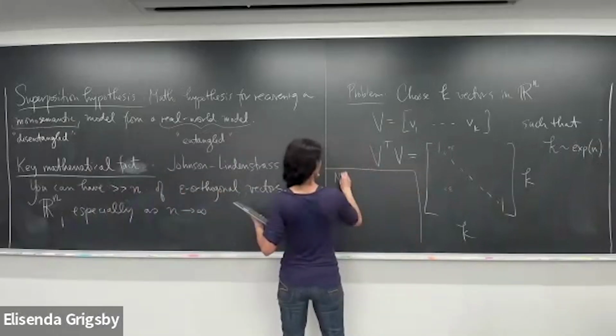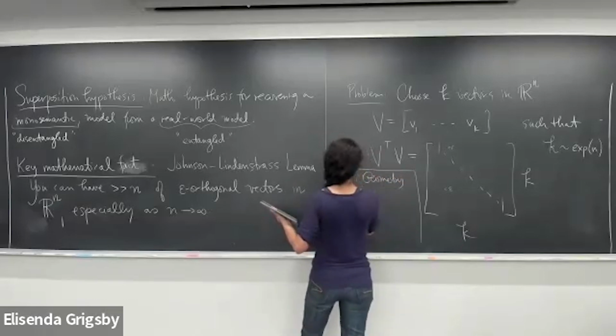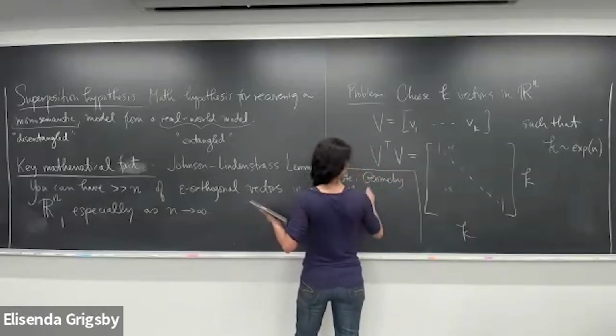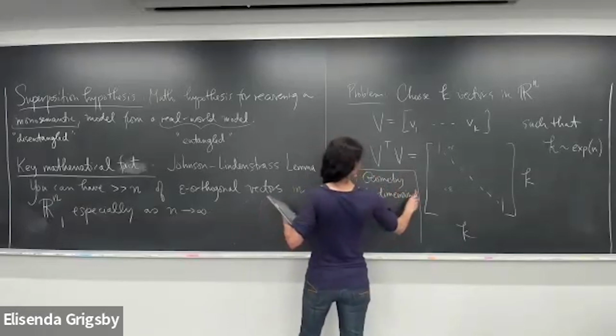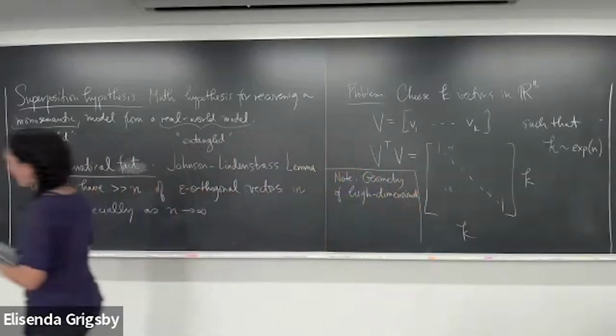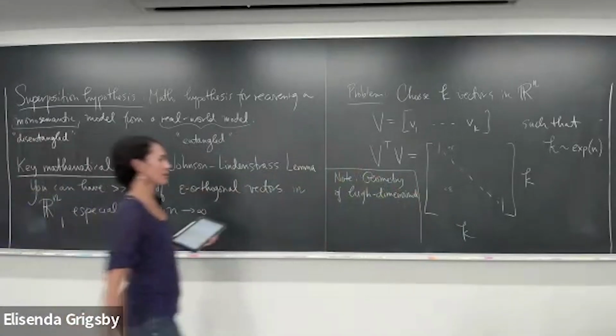So note the geometry of high dimensional spaces. In fact, if you pick a pair of vectors in a very high dimensional space, they will almost surely have a very, very small dot product. I'll try to say more about this later, but for now, just believe me that high dimensional spaces are interesting geometrically.